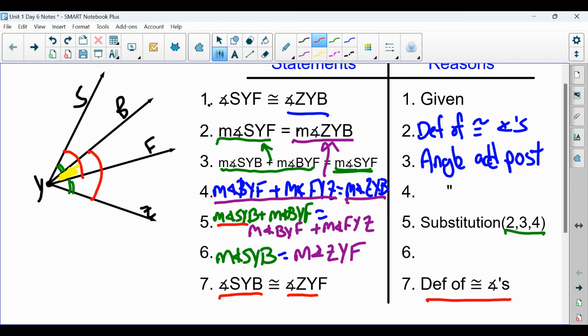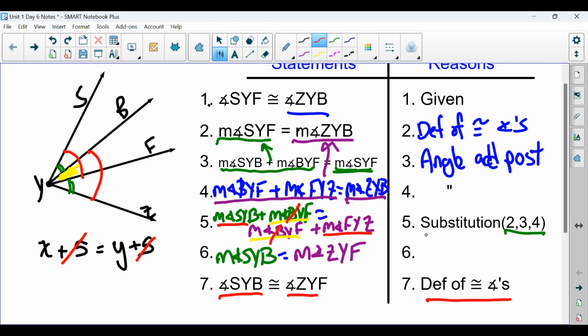SYB plus BYF equals FYZ plus BYF. So what I have here is, I'm adding the same thing to both sides in an equation, and I can just cancel them out.